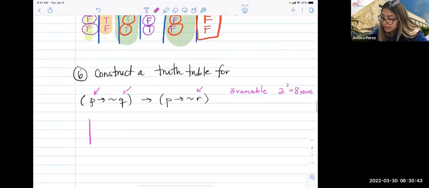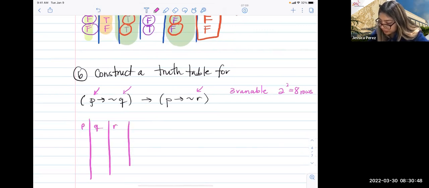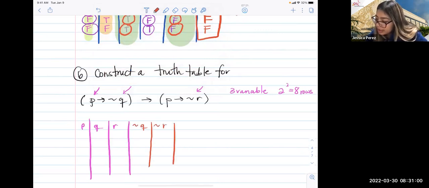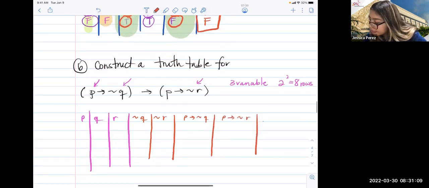So again, we're going to have P, Q, R. You don't have a negation of P, so we don't need a negation of P. You have a negation of Q, and you have a negation of R. Now you're going to have P implies not Q, and P implies not R, and then P implies not Q, implies P and not R.